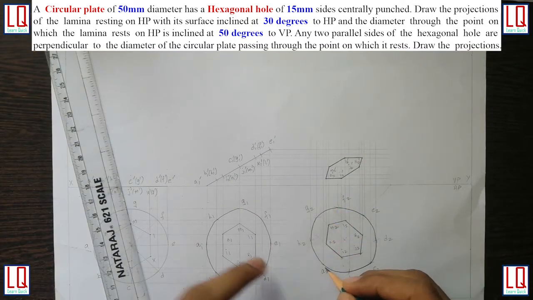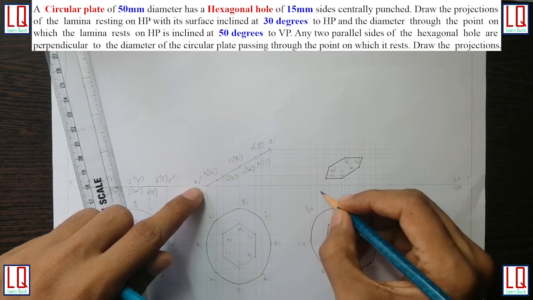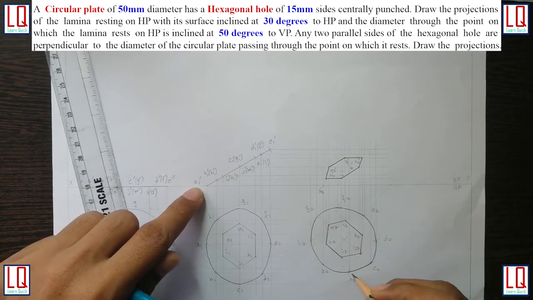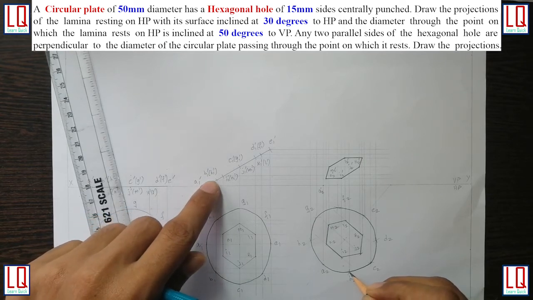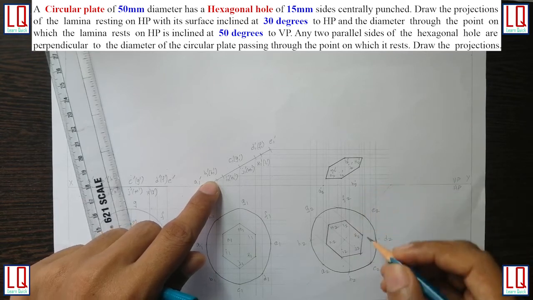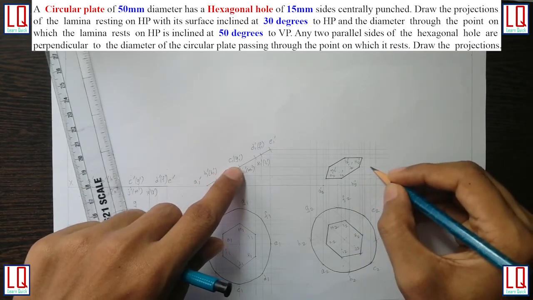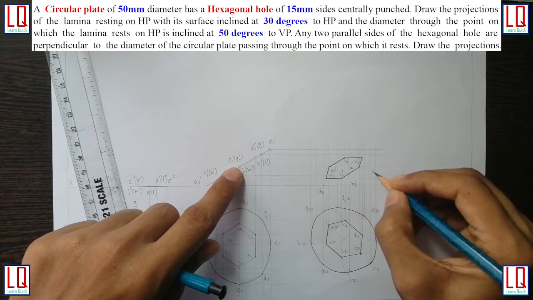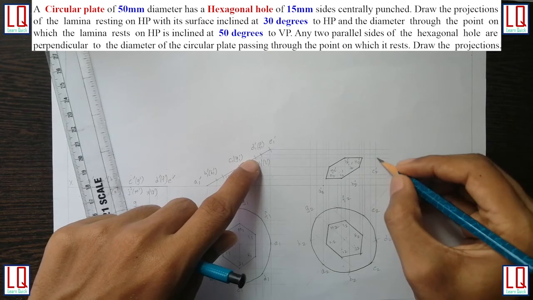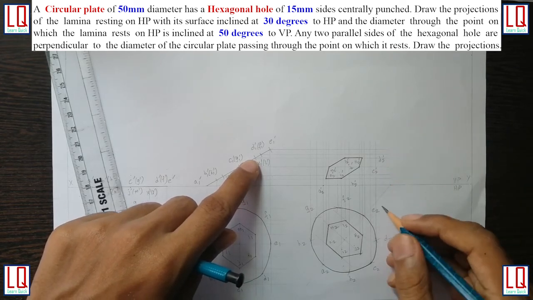Similarly, map the points in the circle. A2 and A1 dash meets here, so it's A2 dash. B2 and B1 dash meets here, so it's B2 dash. C2 and C1 dash meets here, so it's C2 dash. D2 and D1 dash meets here, it's D2 dash.